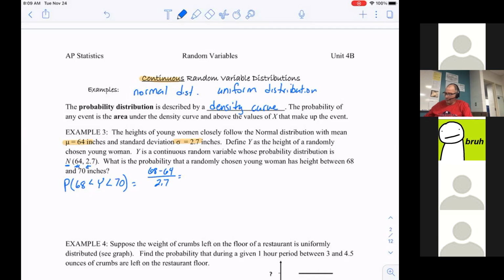So we get 4 divided by 2.7, which is 1.48. Then we would look that up in the table. For the other boundary, 70 minus 64 divided by 2.7, so we're 6 above, and that gives me a 2.22.